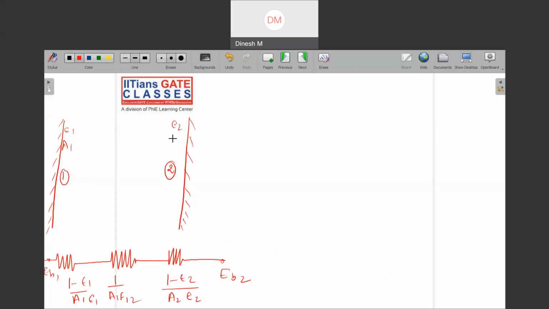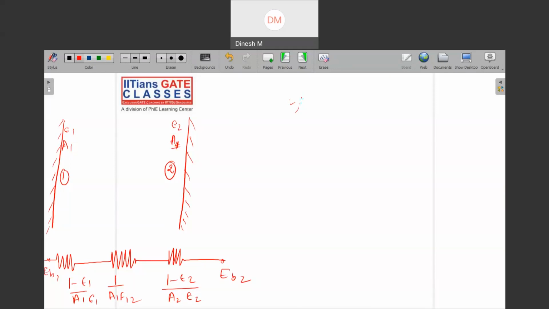So now if you go on writing what Q net is, this is nothing but EB1 minus EB2, so I am skipping that part and directly writing the values of EB1 and EB2. So can I write this as sigma T1 to the power 4 minus T2 to the power 4 divided by, let us write this one by one.